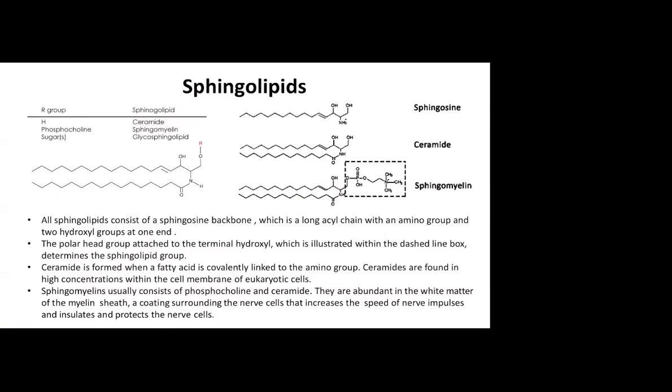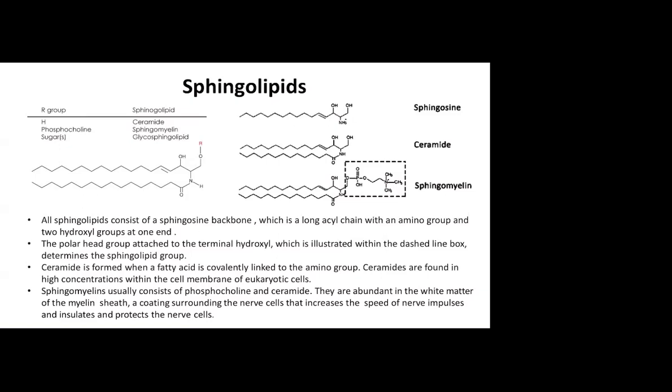And out of the three that I just mentioned, remember that waxes do not have glycerol. They have an ester bond, but they don't have glycerol. It's only the triglycerides, the triacylglycerols, and phospholipids that have glycerol as a backbone.